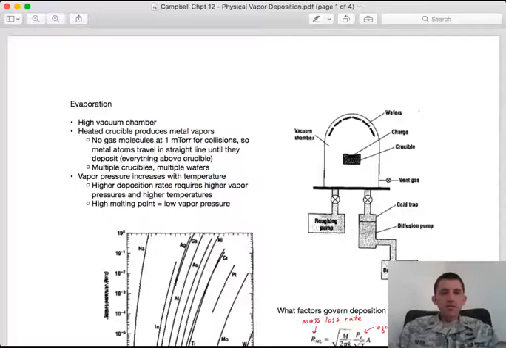And since this vapor pressure is an outgrowth of the balance between thermal energy and the intermolecular bond, metals that have a strong bond will have a lower vapor pressure. The vapor pressure tracks along with the melting point, right?